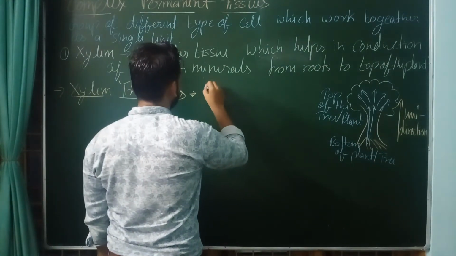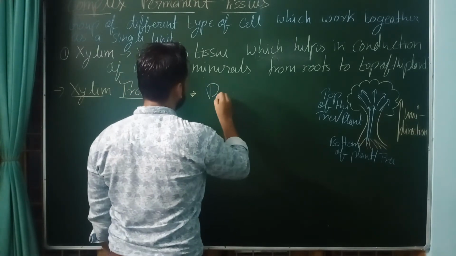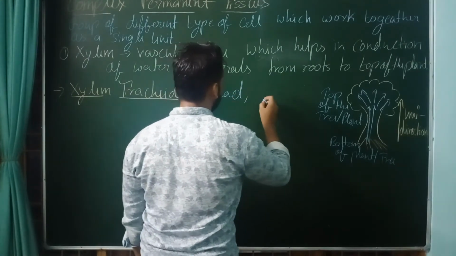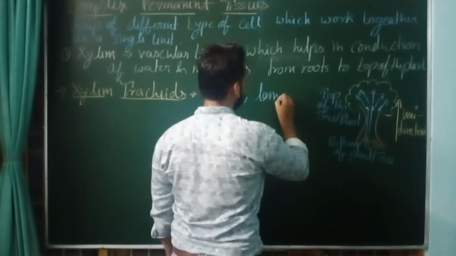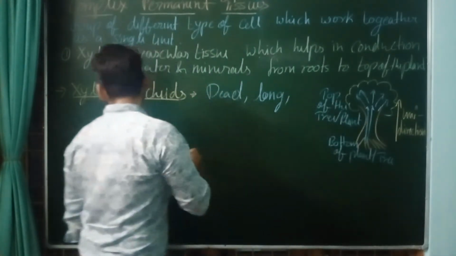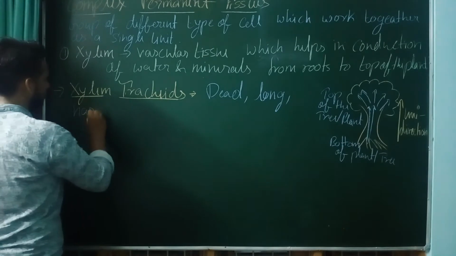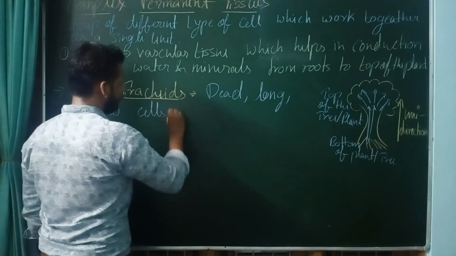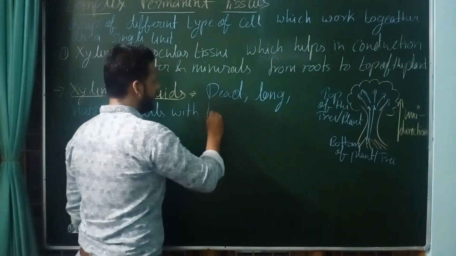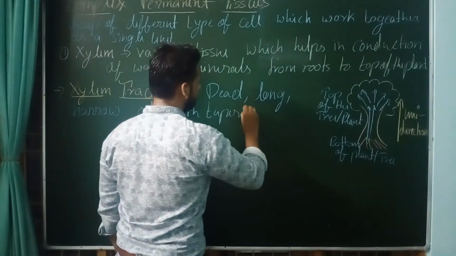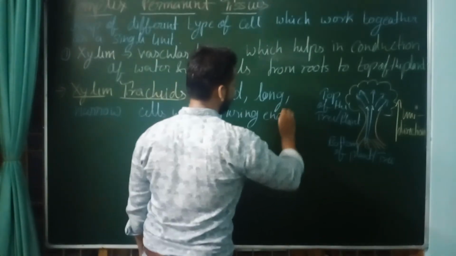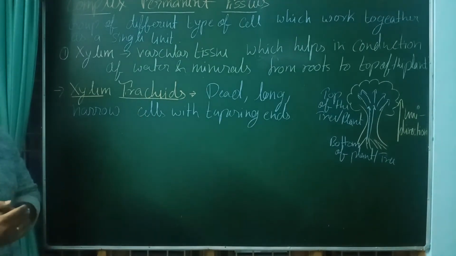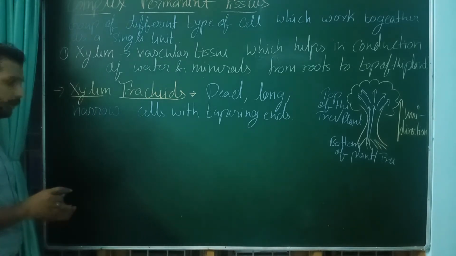So here: dead, long, narrow cells with tapering ends. इसके एंड कैसे होते हैं? टेपरिंग होते हैं. In the diagram we will see.